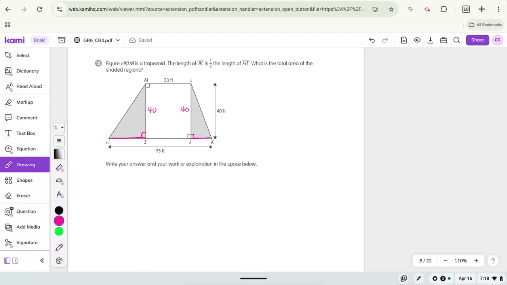Now I know that because we have this white rectangle in the middle, from I to J is 33. And since JK is half the length of HI, whatever JK is, I'm going to call it x. I know that HI is twice as much.